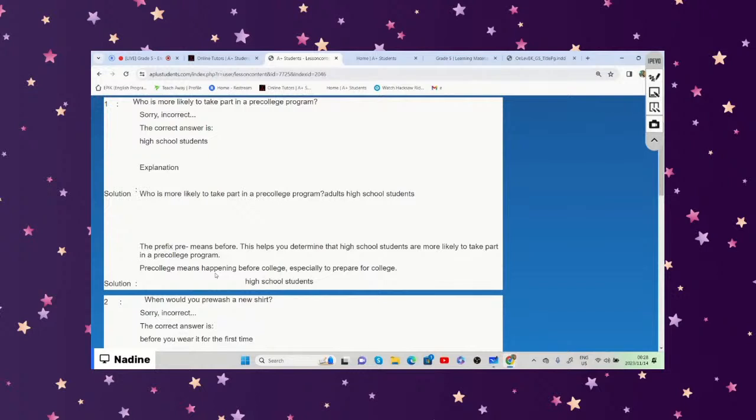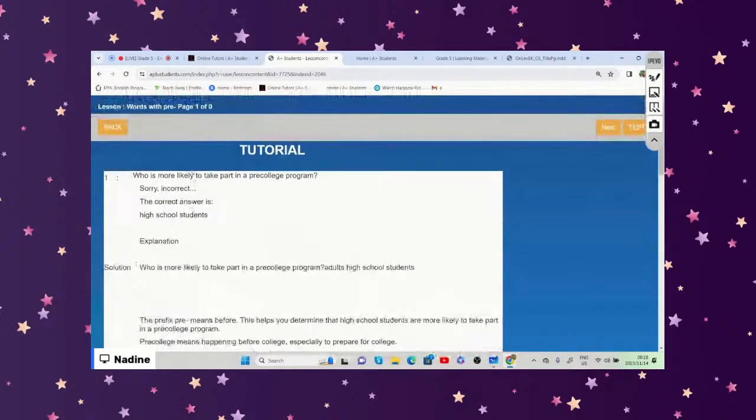In this case, we say pre-college. It means happening before college, especially to prepare for college, meaning that they are still in school. So that is our pre-college program.